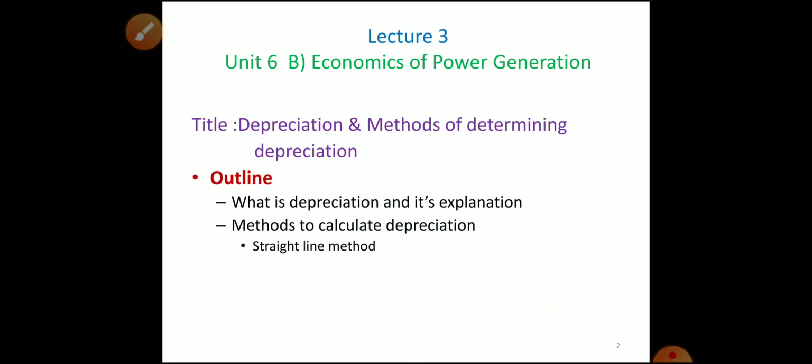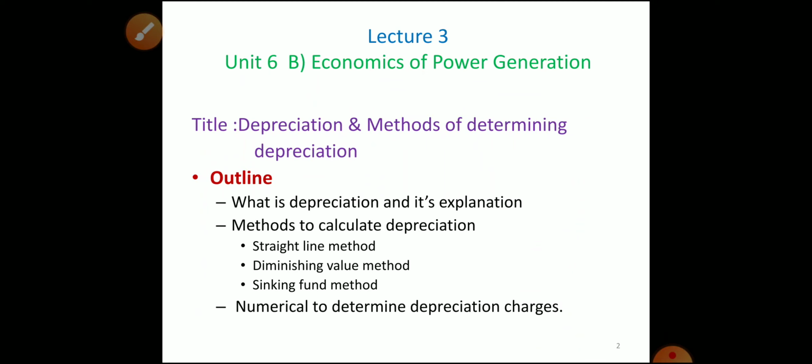There are three methods. First one is the straight line method, second diminishing value method, and third sinking fund method, and at last we'll solve some numericals to determine depreciation charges.